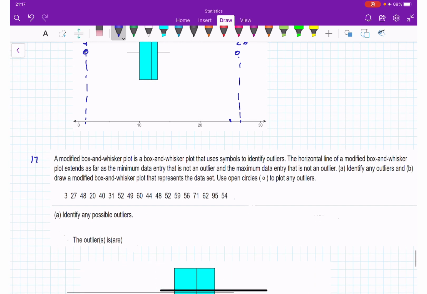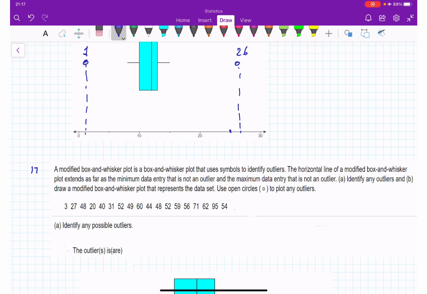Even without arranging, I can see 3 is going to be an outlier, because after 3 comes 27, definitely an outlier. The other one has to be the maximum, definitely 95. Before 95 is 71, so it's a big difference, while the others have a shorter distance between each other.